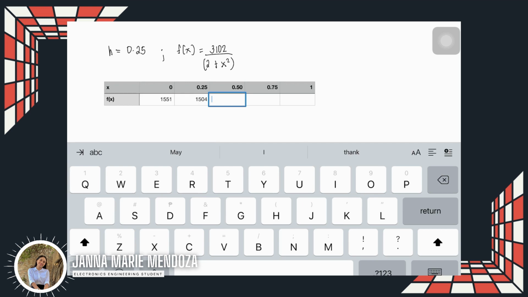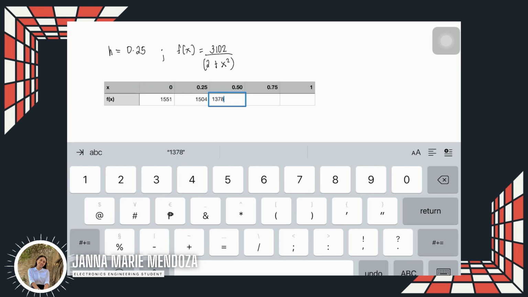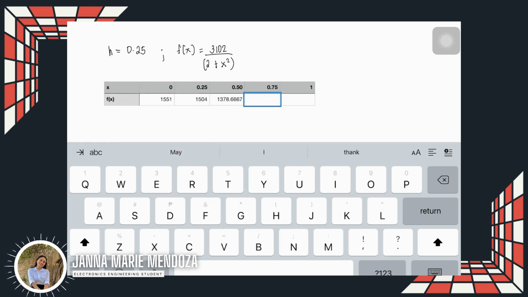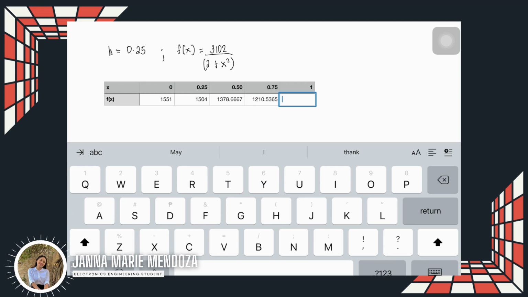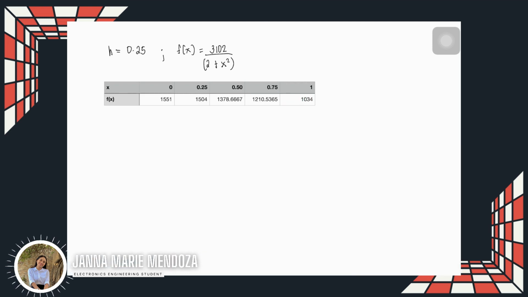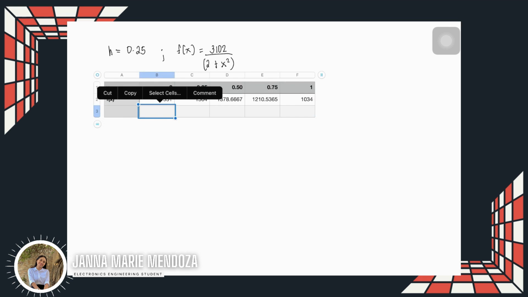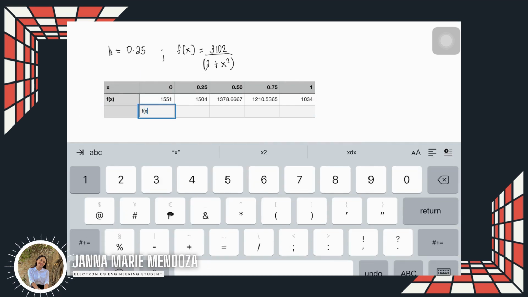When x is equal to 0.25, f of x is equal to 1504. When x is equal to 0.50, f of x is equal to 1378.6667. When x is equal to 0.75, f of x is equal to 1210.5365. And when x is equal to 1, f of x is equal to 1034.